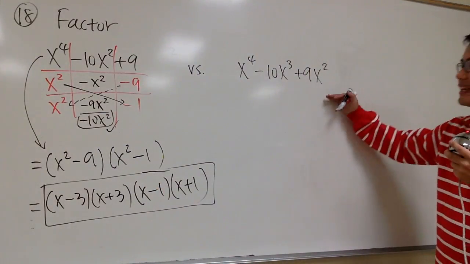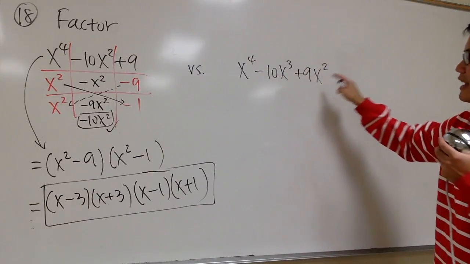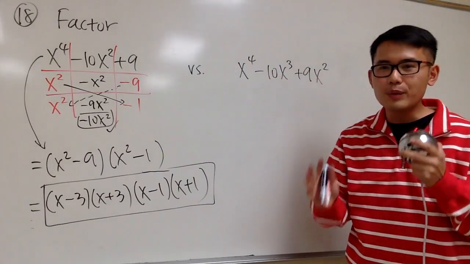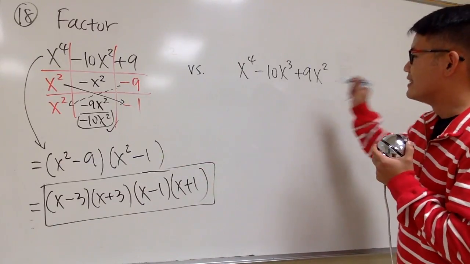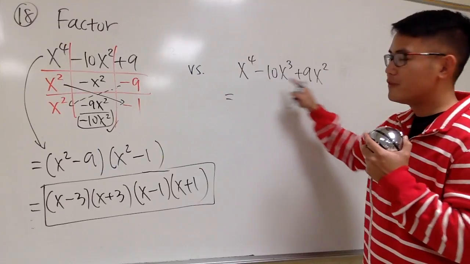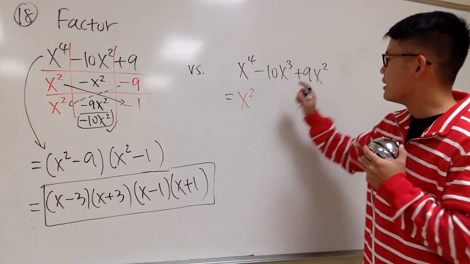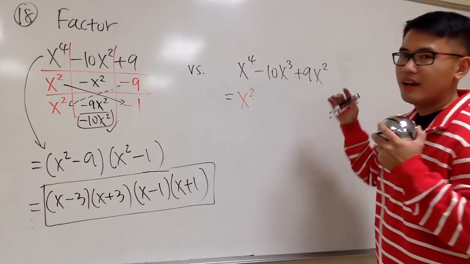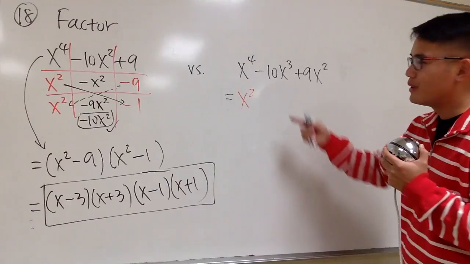How about for the second one right here, x to the 4th power minus 10x to the 3rd power plus 9x squared? Is there anything that we can do first before we do the tic-tac-toe? Yes. The thing that we can do first is that we are going to factor out an x squared first because they all have x. And then we factor out the lowest exponent, which is the 2 right here.